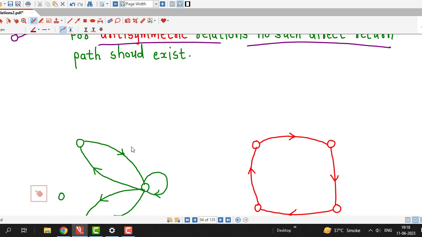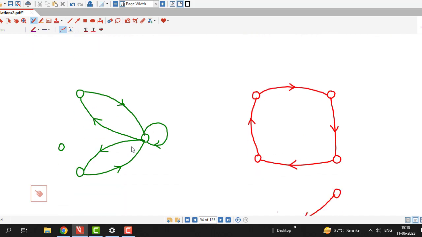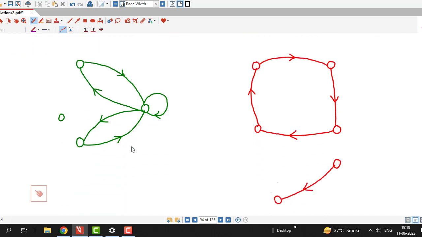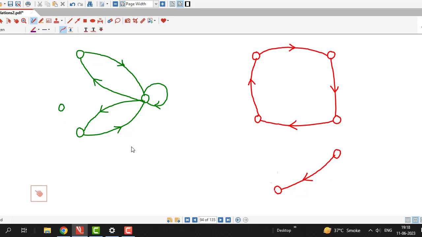So here I have sketched several diagrams or graphs of relations, and here we can check whether they are satisfying certain properties or not. We can see that this relation is symmetric. There is an arc as well as a return arc for every vertex.